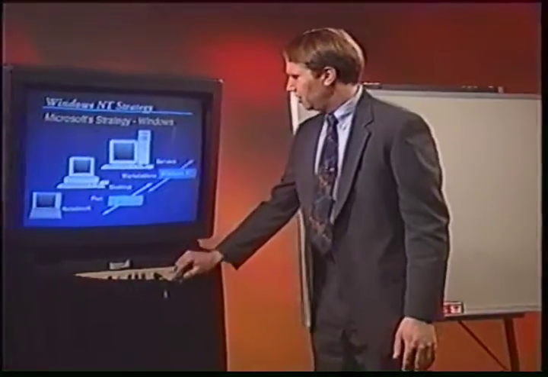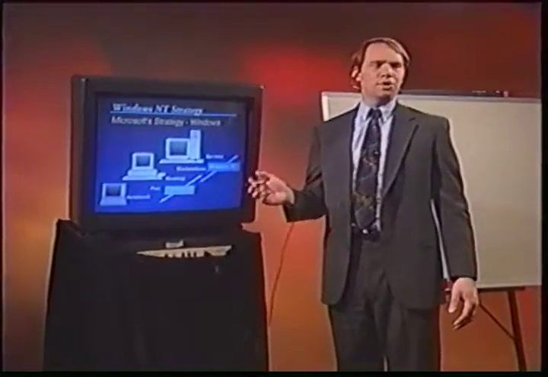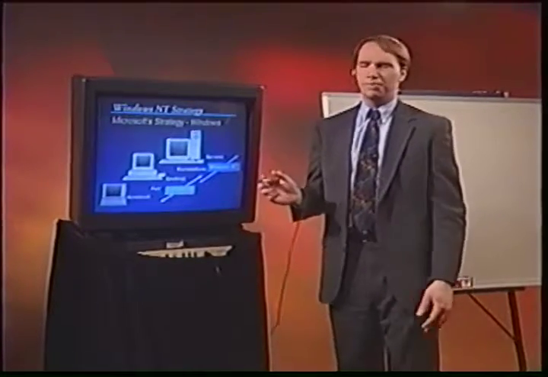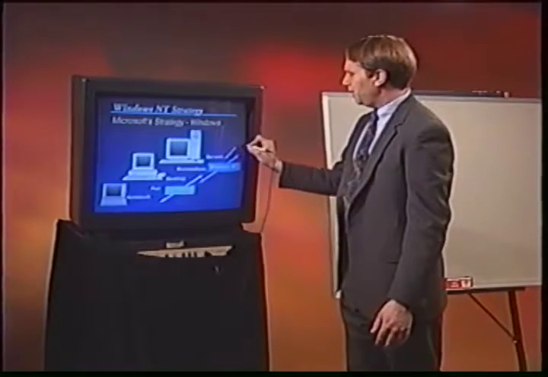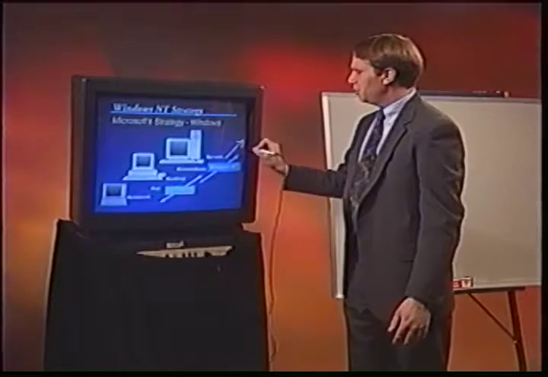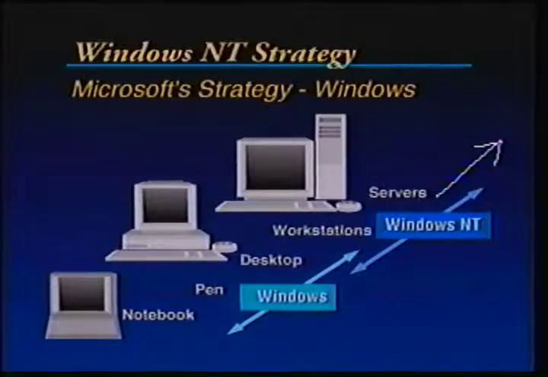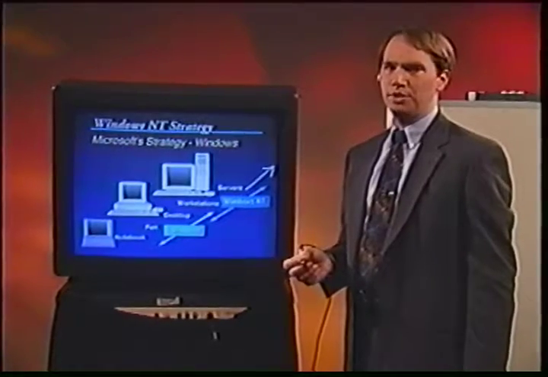Let me just go over to the monitor for a second and show you a few other things. We'll see in a second that you also have other versions of Windows coming out. At the high end, there's going to be a product called Advanced Server for Windows NT. This was formerly called LAN Manager for Windows NT.